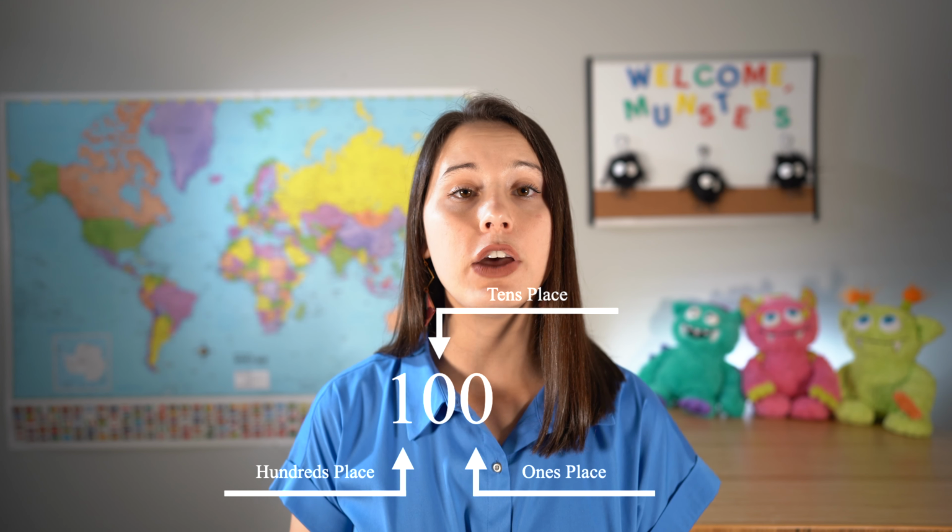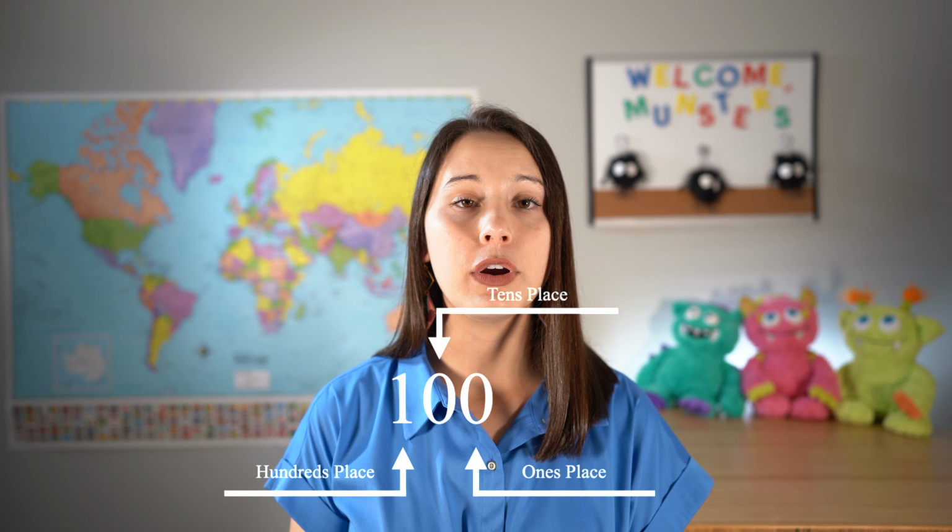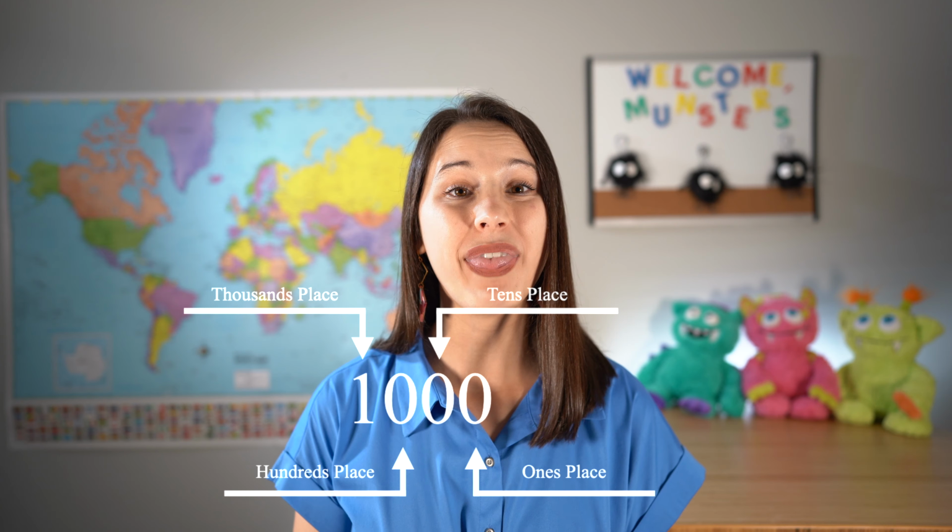So my little monsters, in closing, what we learned all about today is place value. And so just to refresh your mind on what the definition is, place value is the value of a digit in a number. And so remember, we start from right to left, looking at our ones place, tens place, hundreds place, and then in that furthermost left, we have our thousands place.